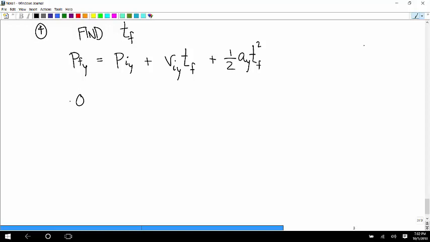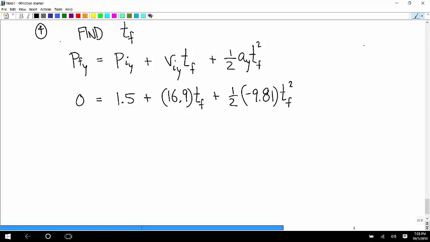Okay, so 0 is equal to PIY, 1.5, VIY is 16 point something, 9, time final, and then plus 1/2 times negative 9.81 TF squared.